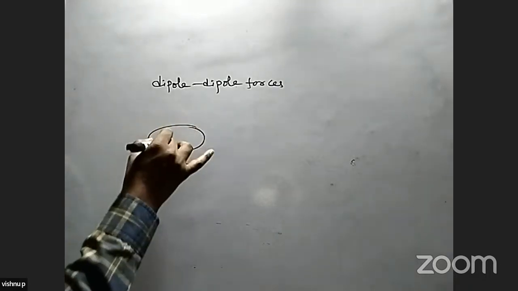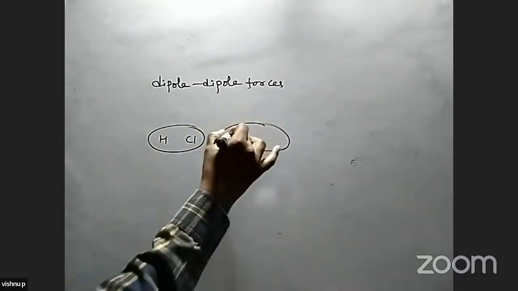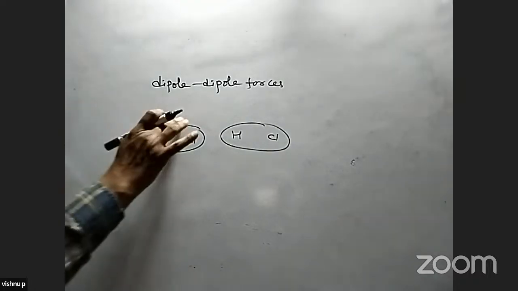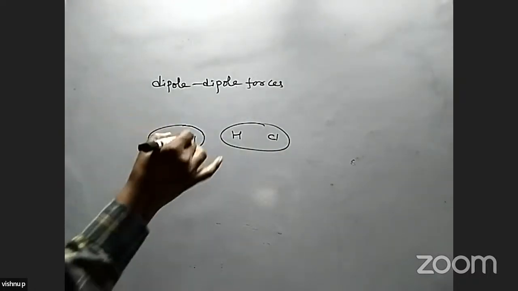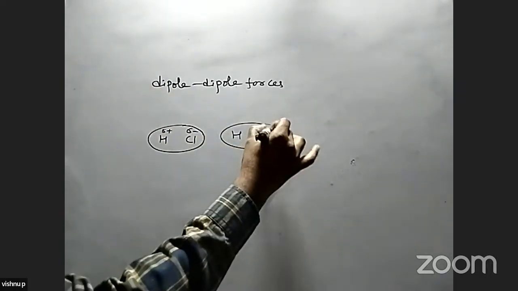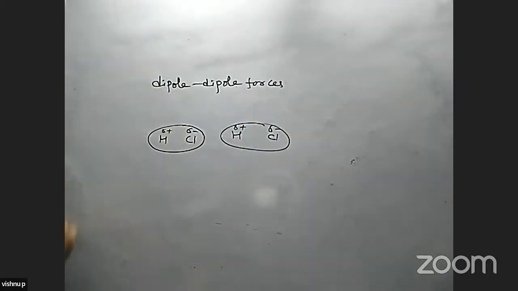We take an example. The example is the HCl molecule, and we take one more HCl molecule. In HCl, chlorine is partially negative and hydrogen is partially positive.